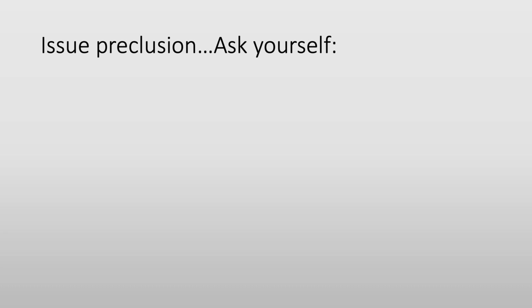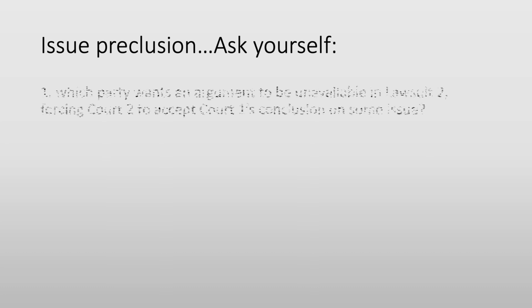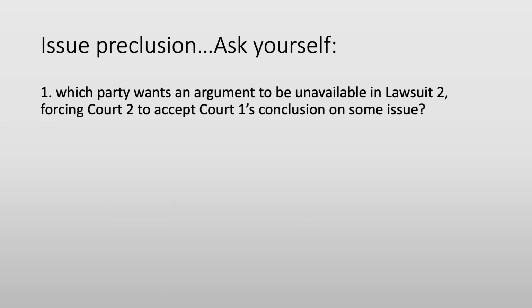So as you're reading these cases, I think it can be really helpful to keep a few questions in mind. Number one, which party is invoking issue preclusion? In other words, which party wants to make an argument unavailable in lawsuit two, forcing court number two to accept court number one's conclusion about that issue?